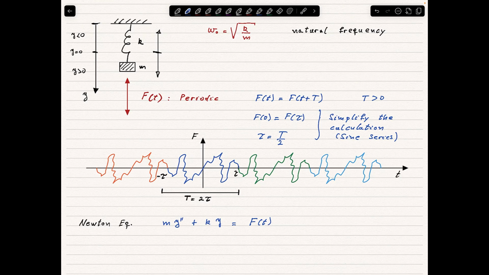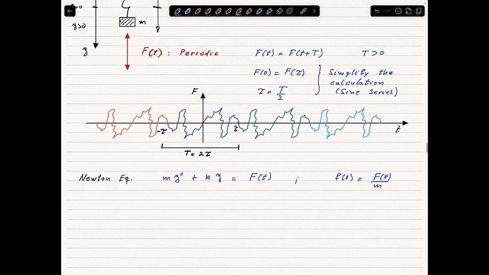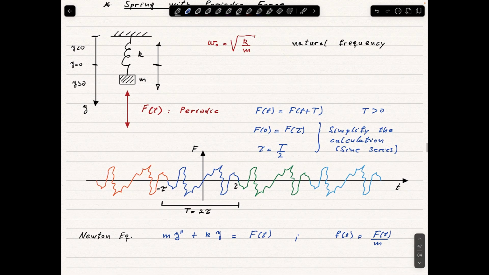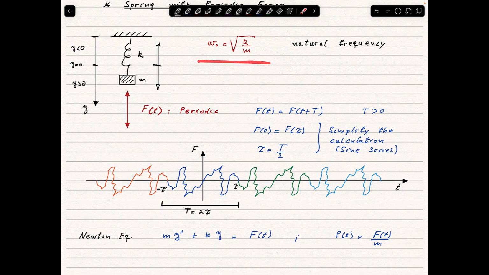And now what I want is to divide by m. So I'm going to introduce a new notation. Small f of t is going to be just big F, the original force per unit mass. And recall that we have the natural frequency.